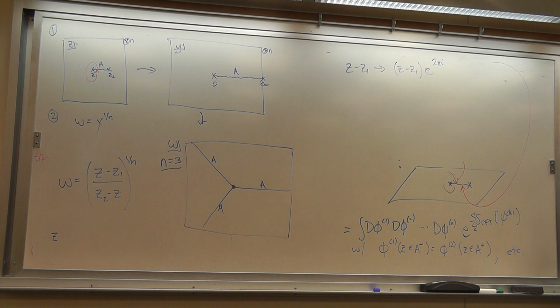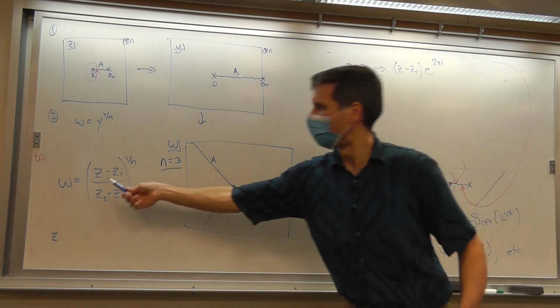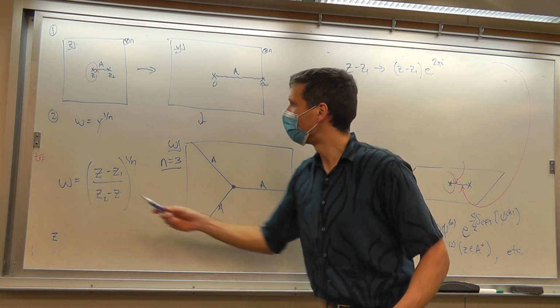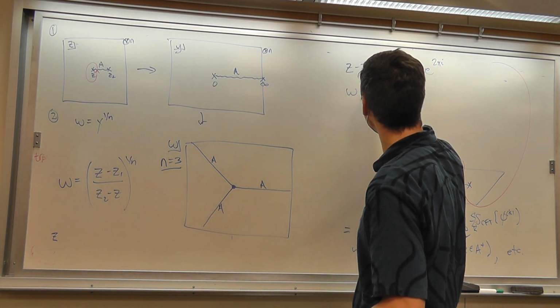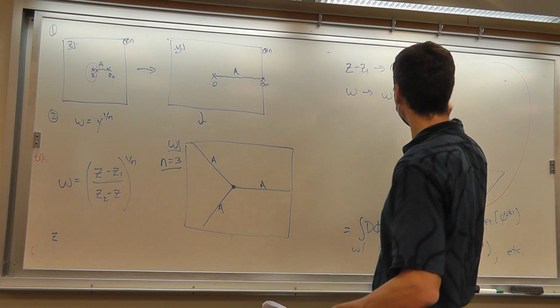You should think of this as following the curve, where you multiply by a phase, and that phase runs from 0 to 2 pi. If you plug this into the w coordinate, you'll see that it corresponds to taking w to w e to the 2 pi i over 3.